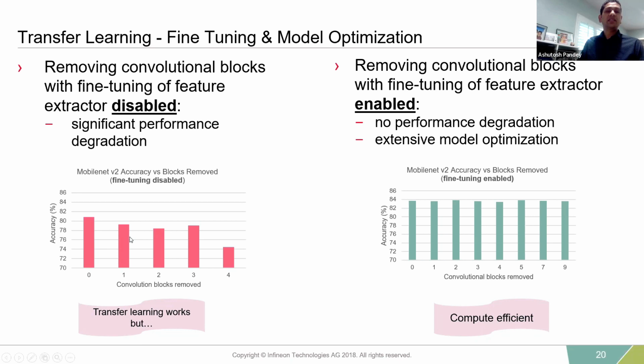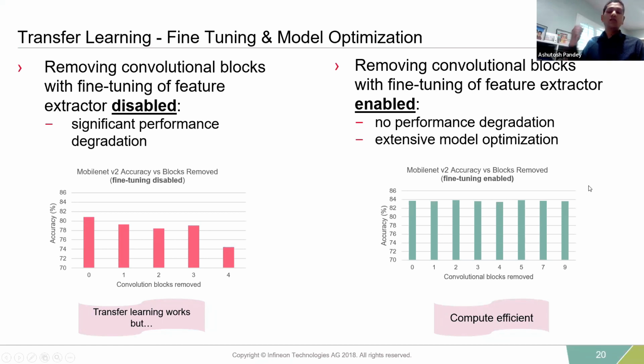This is when fine tuning was disabled, and here when it was enabled. The takeaway from this slide is that even when you just started with few examples of training and testing, you got pretty decent accuracy. But this started to drop off pretty quickly, whereas it stays the same here.